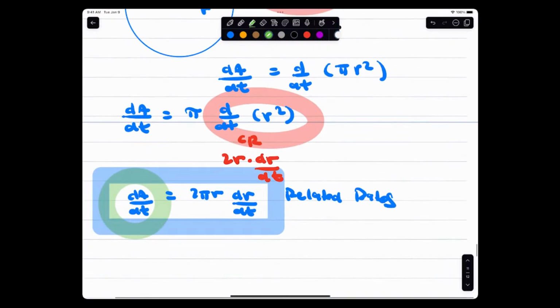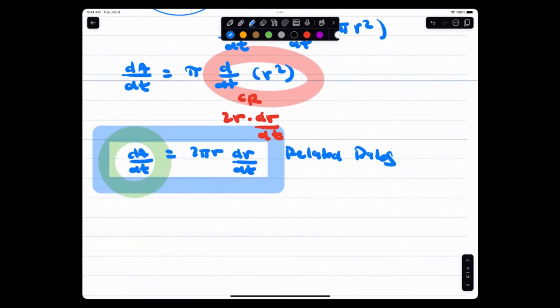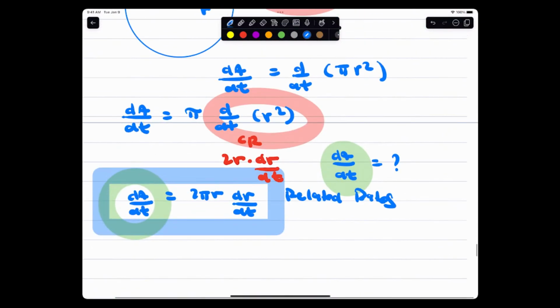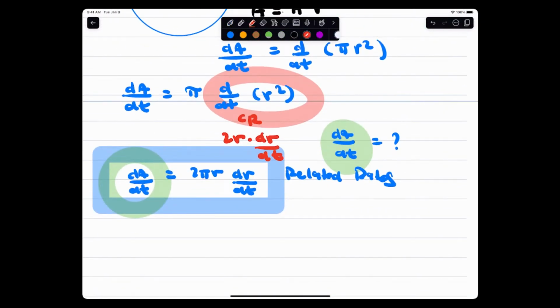They want to know what dA/dt is. We don't know dA/dt; we want to find out what that is. But they did give us dr/dt. What was dr/dt? So we know this portion here is 1, is that right?